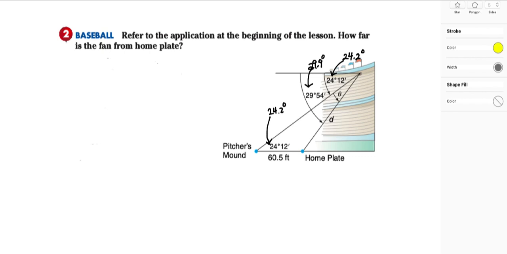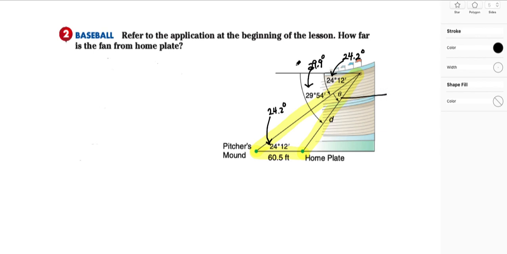What I'm observing, and I think you are too, is that we do have a triangular relationship, right? We know that the law of sines can be used when we have any type of triangle. So the best idea that I have is to see if we can use the law of sines. The law of sines requires that we have one angle and the side opposite it, which I think we can get. Let's see if we can determine what this angle theta is.